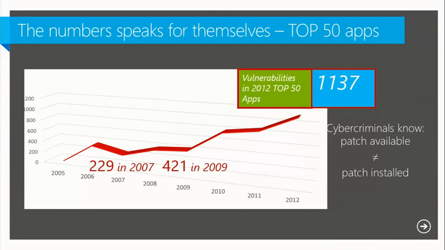What you're seeing here in the chart is only the top 50 applications, but vulnerabilities were discovered in 2,500 products, and those products came from 421 different vendors. We can see a pretty good increase in the numbers here, and I don't expect that this will decrease over the next couple of years.